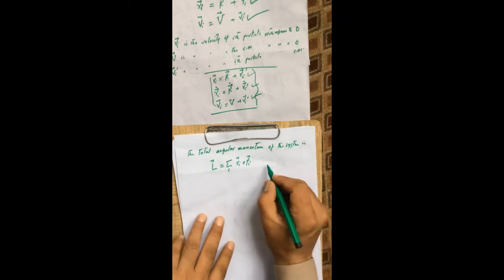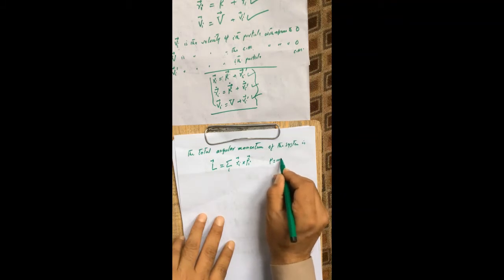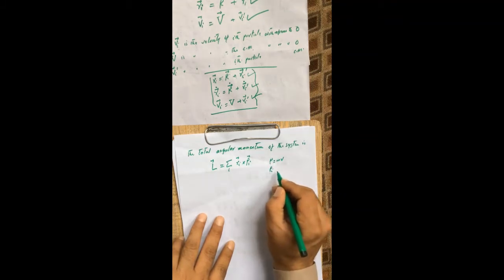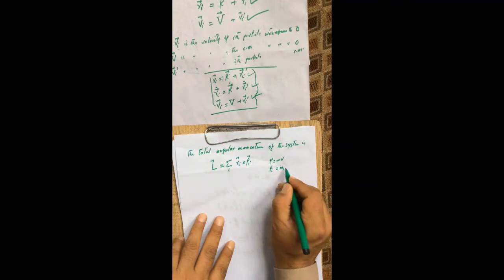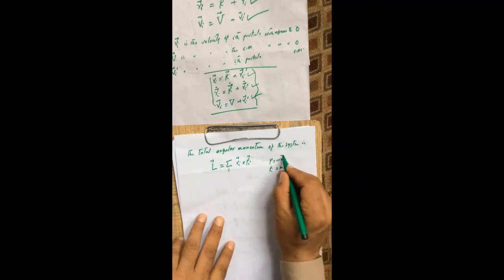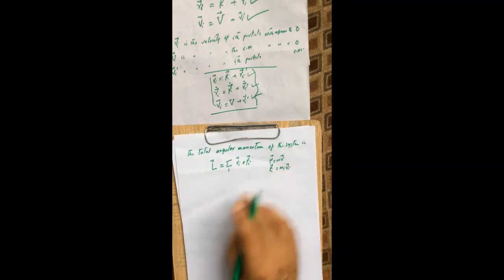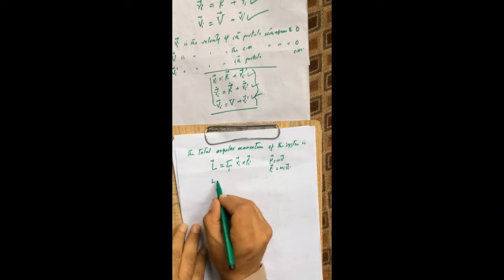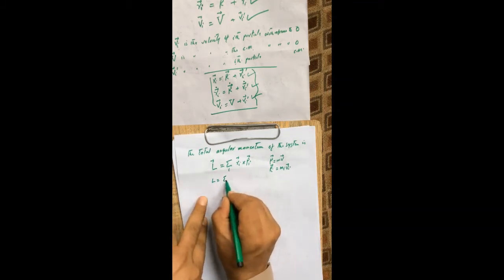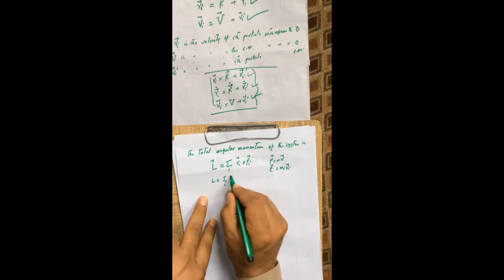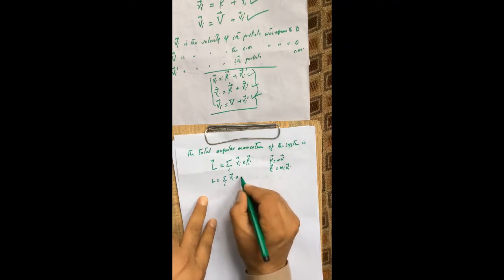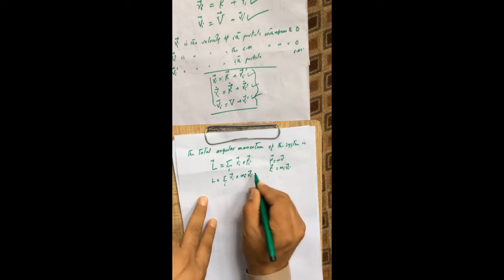But we know that momentum P is equal to mass times velocity, so the momentum of the ith particle is the mass of the ith particle times the velocity of the ith particle. So I will replace this Pi by this term. So we have L, which is equal to the sum over i of Ri cross Pi, which is basically Mi times Vi.